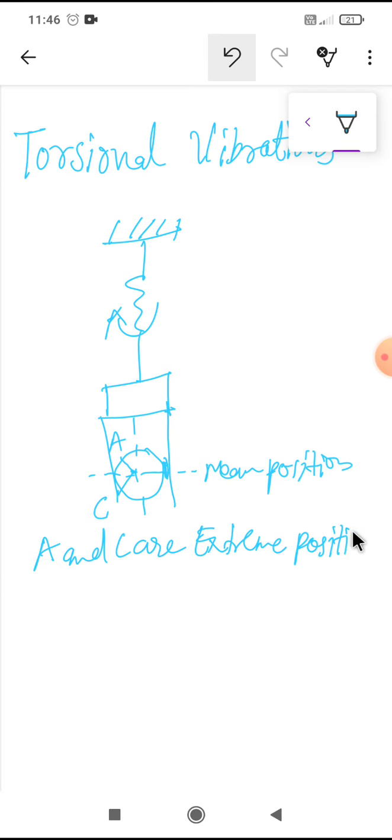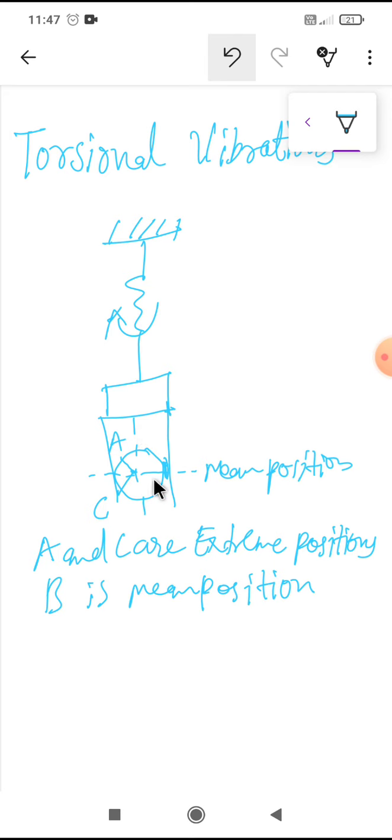So A and C are extreme positions, and B is the mean position. When this particle is moving in a circular manner with respect to the axis of the spring, it is known as torsional vibration.